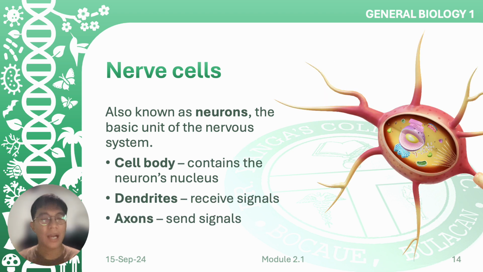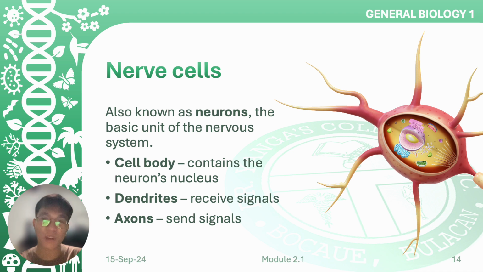And now, how do these signals transfer from one place to another? So let's recall the finger-like projections as you can see in the nerve cells. Here, we have a central cell body, which again contains the nucleus of the neuron, including the other organelles that are found in the cell. The finger-like or root-like projections that come out from the cell body are the dendrites.